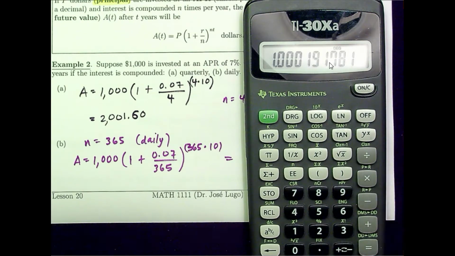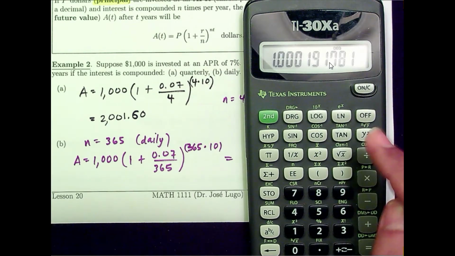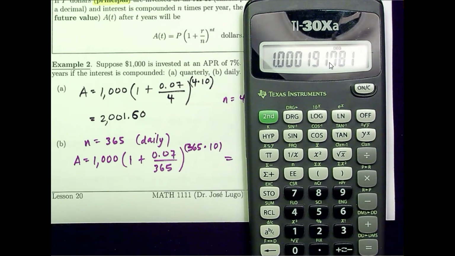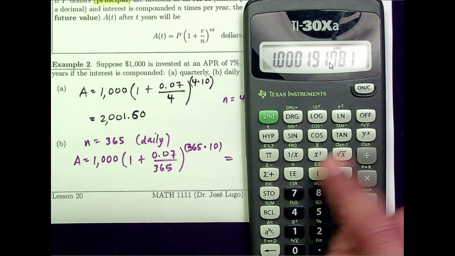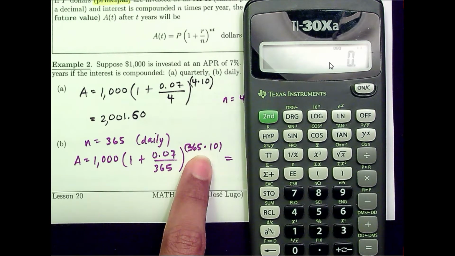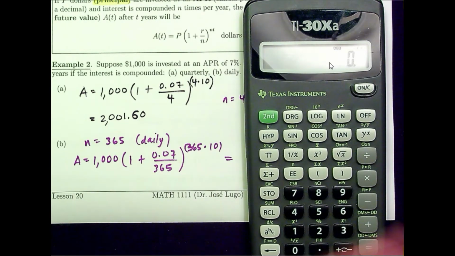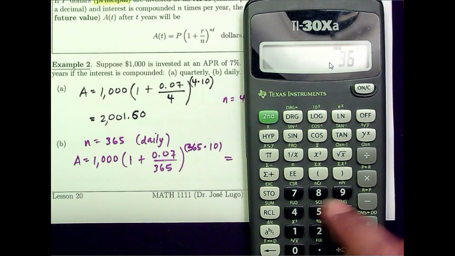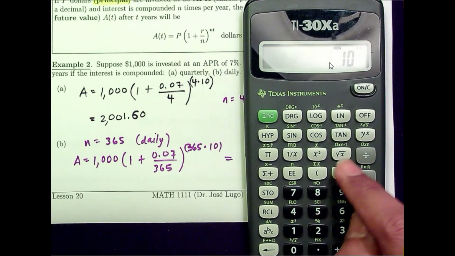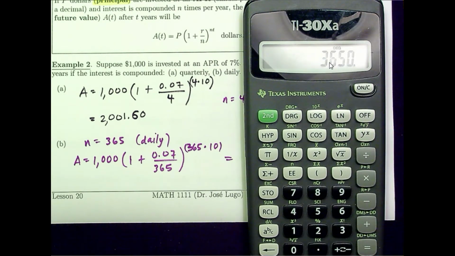Now I hit the exponent button, and I have to tell the calculator that all that is coming now is the exponent, so I have to put parentheses. Otherwise, it will just take the 365 as the exponent, and the 10 is not going to be an exponent for the calculator. So 365 times 10, close parentheses, and you see that's the actual exponent. We multiply 365 by 10, and now I'm done entering everything.